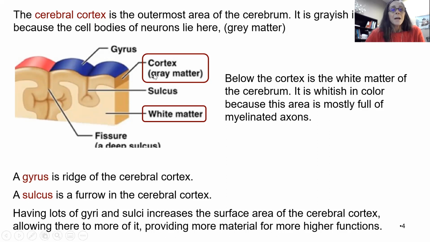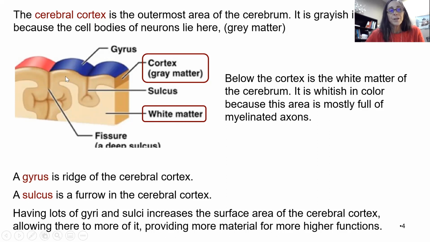Now, what's underneath the cortex, which is the actual cerebrum per se, is white matter. And white matter is still neurons, but these neurons are myelinated. And myelin basically produces a white, shiny appearance, which is why it's called white matter.